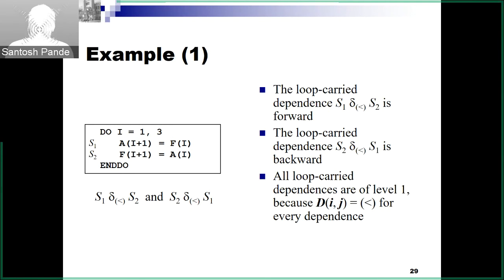You can see the level is less than, because obviously we have only one loop here, and that is the outermost loop which is carrying the dependence. But imagine that there is a J loop surrounding this. In that case, this dependence will be carried by the inner loop, which will be the second level of the loop nest.